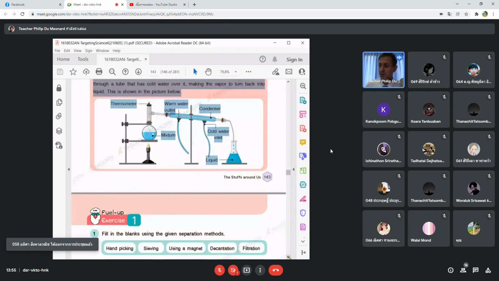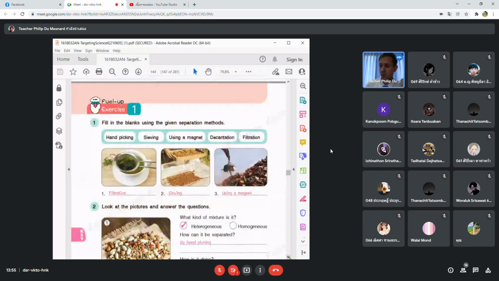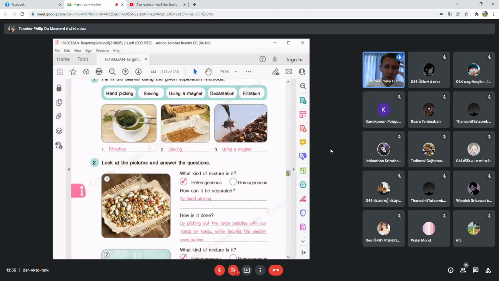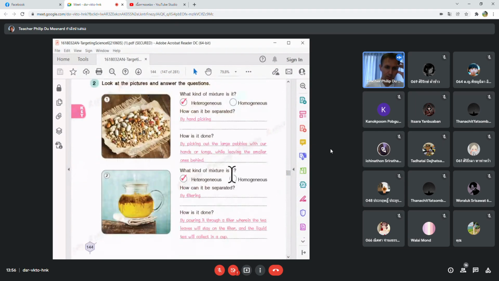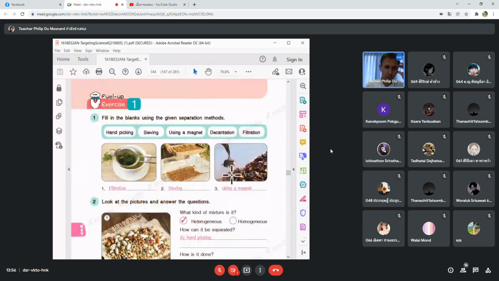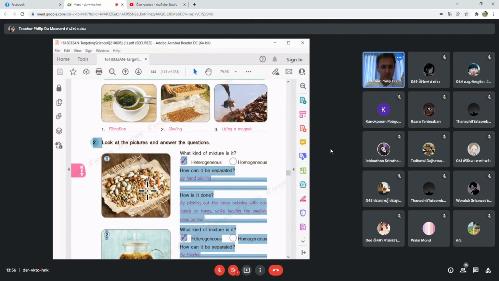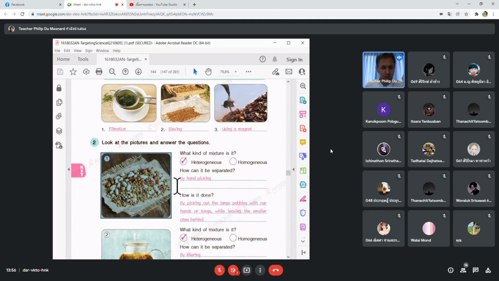Okay, so let's go to 144. Okay, class, now here, there's a question in your test for tomorrow about this page. Maybe I'll help you a little bit. So what about these beans? Are they heterogeneous or homogeneous? How many colors do you see, class? One color? Two colors?